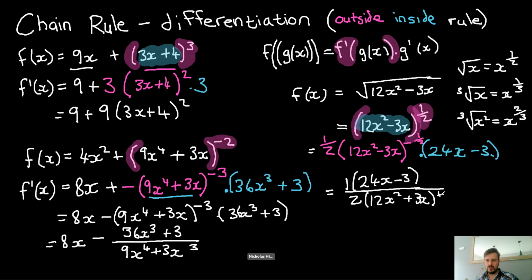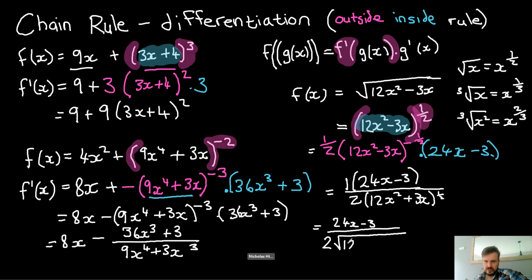Or you could just put that in a square root sign instead of the half, but we're not going to do that. No, I don't need to write that 1. So I could just say it's 24x minus 3 at the top, and then 2. Actually, I am going to write it as a square root just to show that you can jump between these, the to the half and the square rooted.